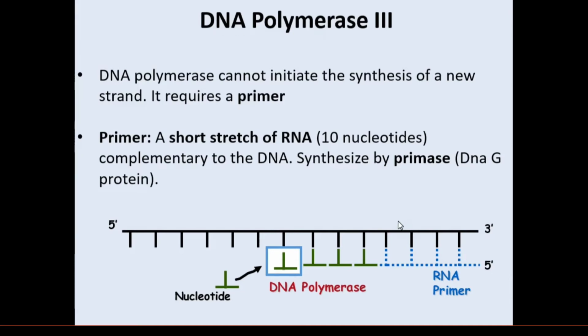Here you see that the DNA polymerase cannot initiate the synthesis. It requires an RNA primer, a short stretch which is complementary to the template strand. At the free end of this, DNA polymerase then adds the nucleotides in the 5' to 3' direction.